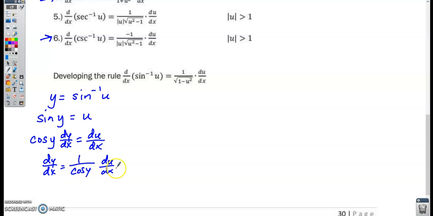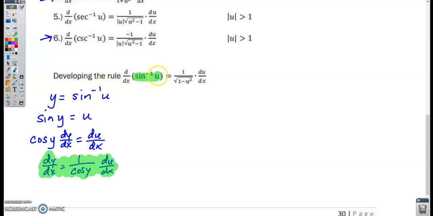Okay, now, what I want to do at this point, I want this derivative rule right here to contain nothing but u's, because this y was really a dummy variable that I introduced.